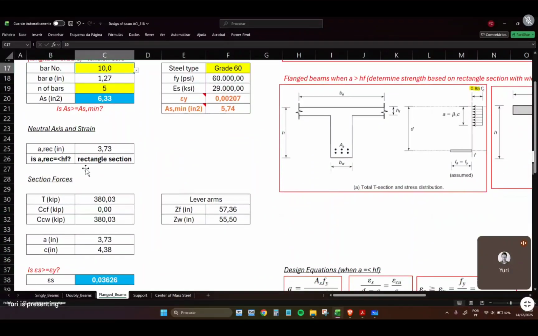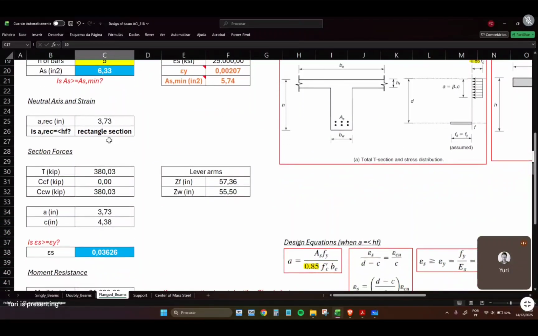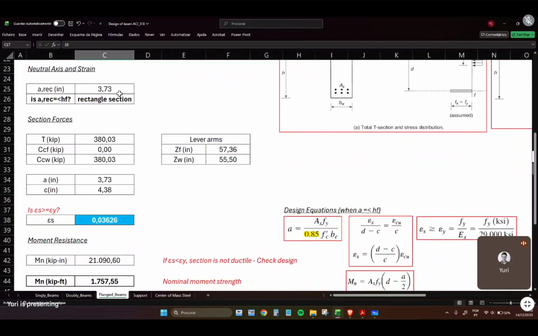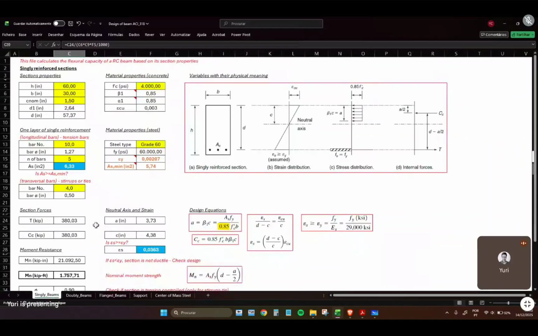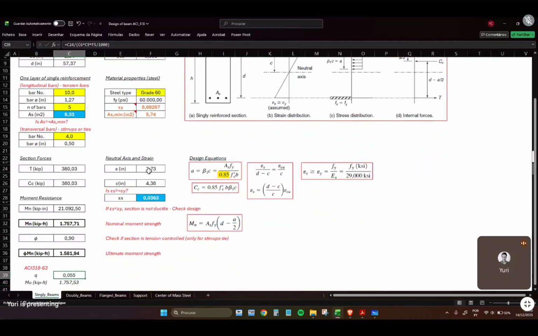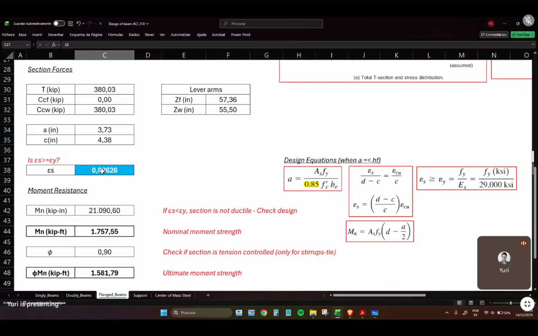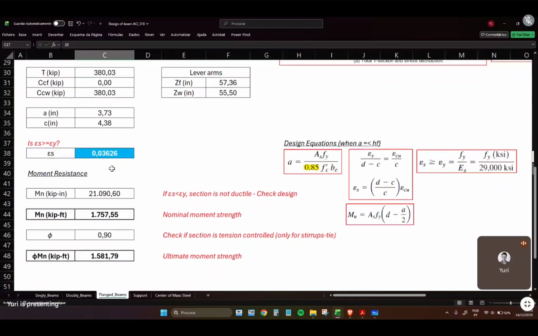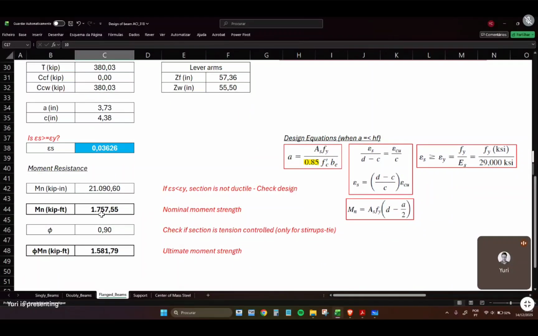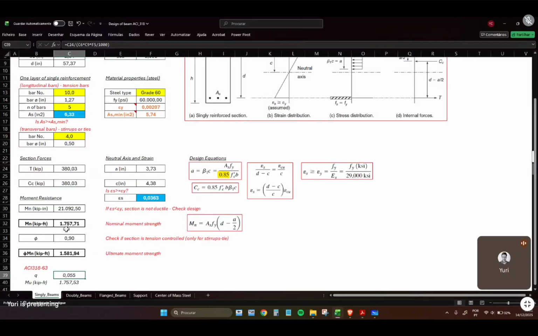All right, so here it tells us it's a rectangle section, of course, with A 3.73, exactly like the singly reinforced beam. Deformation of steel 0.0363, almost 63, and the bending moment capacity 1,757. So it's exactly the same.